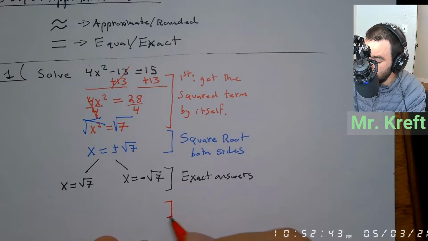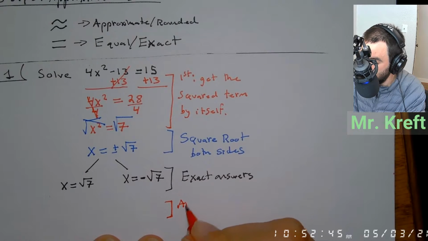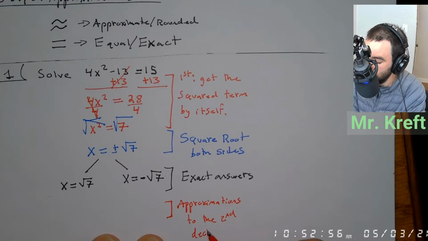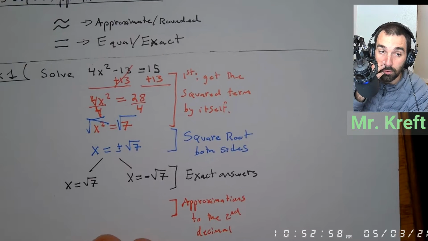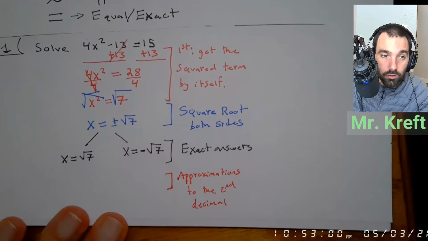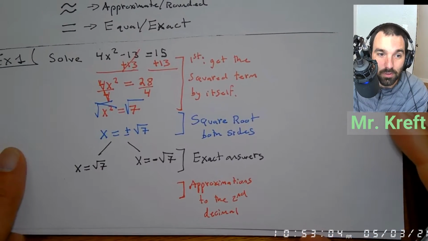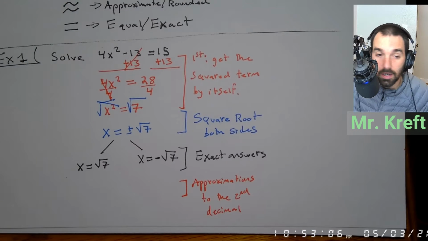So underneath here, I'm going to do our approximations to the second decimal. This will require a calculator. Sorry, I moved it down. I just realized that as well. Thank you for pointing that out.